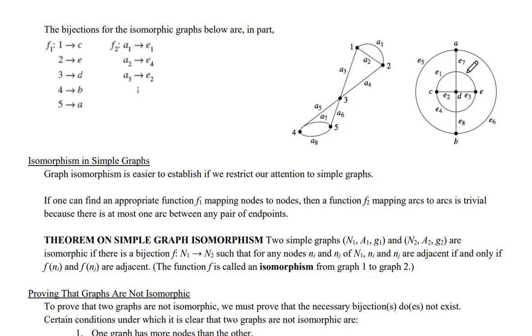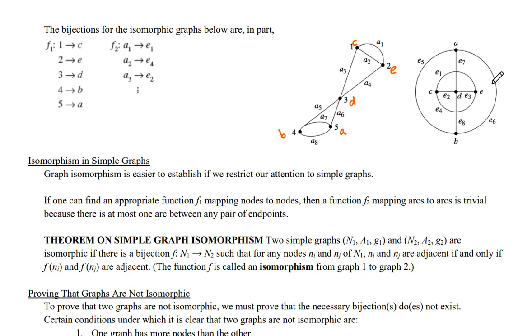As you see here, I'm relabeling them: 1 we call C, 2 is E, 3 is D, 4 is B, and 5 is A. Looking at this second graph, consider the function that takes one arc to the other arc.